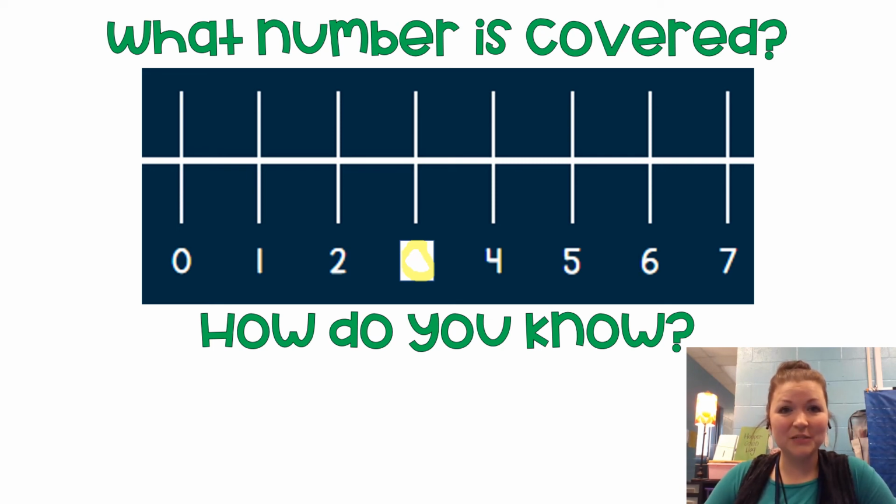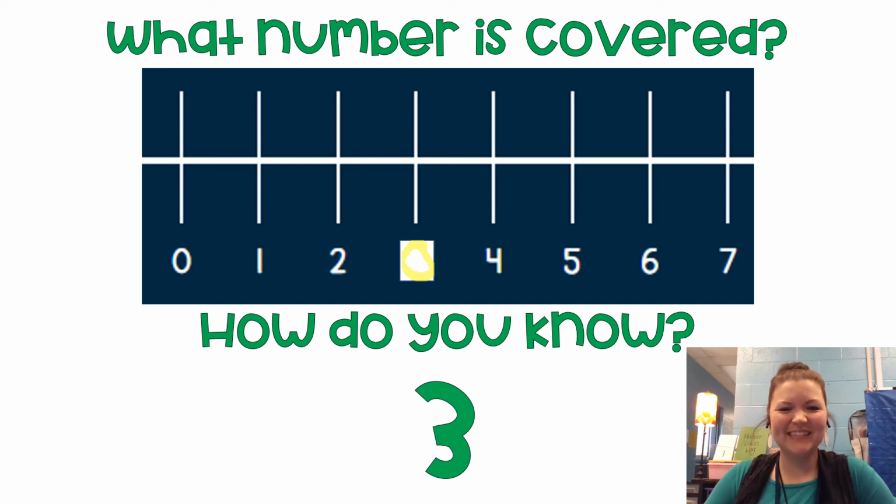How do you know that that's what's missing? So the number that was covered up was 3. And I know that because I counted 0, 1, 2, 3. Did you get it right?